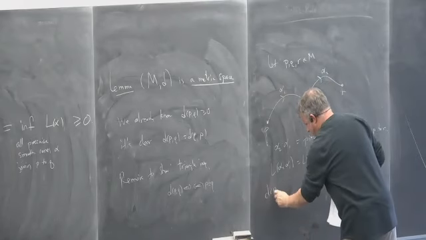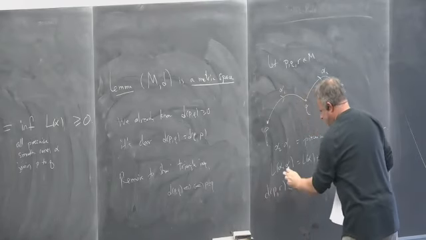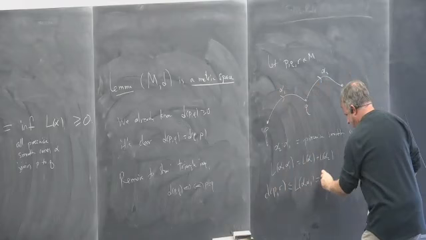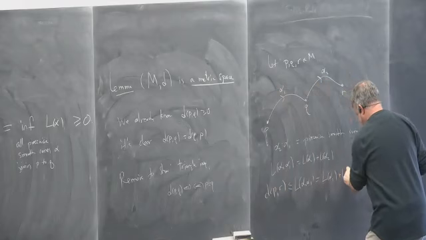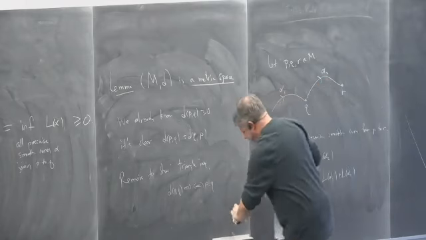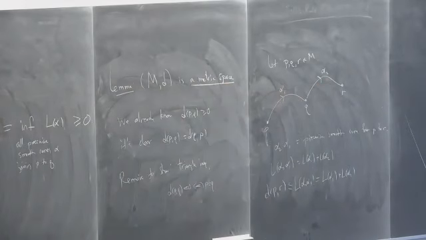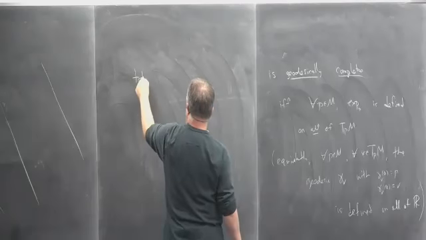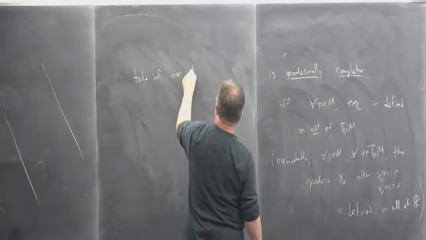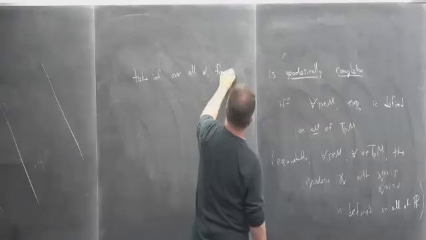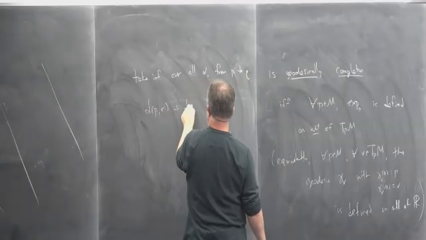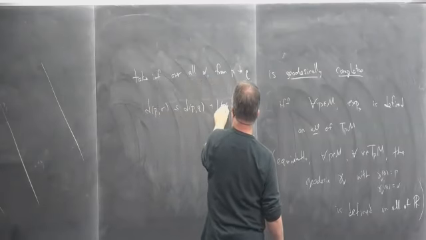So the distance from P to R is certainly less than or equal to the length of this curve, because this is a piecewise smooth curve from P to R, and that's equal to L of alpha 1 plus L of alpha 2. Now let's take the inf over all alpha 1 from P to Q, and then the inf over all alpha 2 from Q to R. Taking the inf over all alpha 1, we get that the distance from P to R is less than or equal to the distance from P to Q plus L of alpha 2.